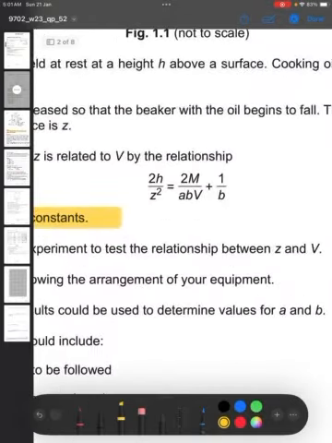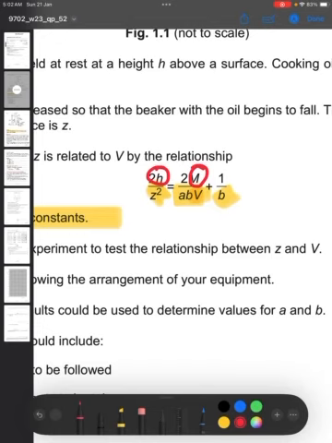So if I go into this relationship, we're investigating Z against V, and A and B are already constants. This leaves in this equation two things. It leaves H and M as the only things that we don't know whether they are constants or not.